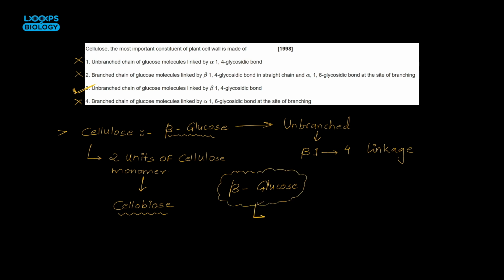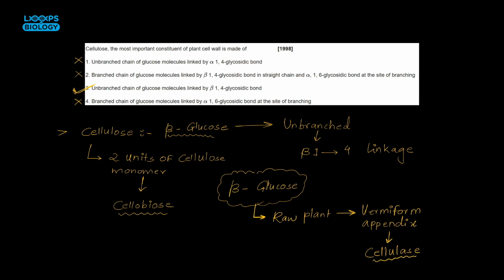So whenever you eat any raw plant, in our body in ancient times there was a structure called the vermiform appendix, which was very helpful for the digestion of cellulose because it used to release cellulase enzyme.